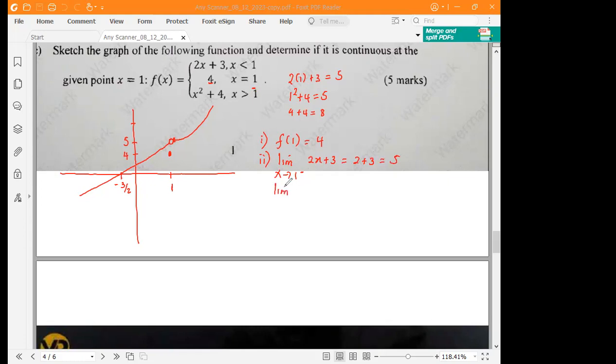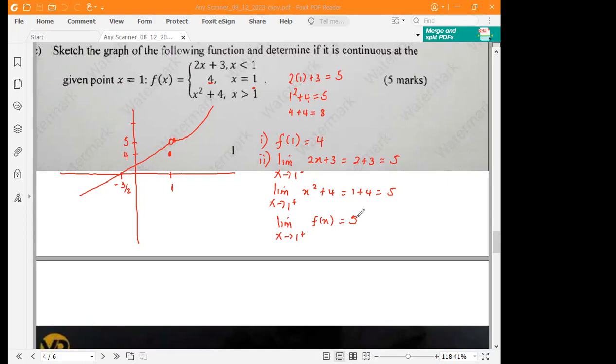Also, the limit as x goes to 1 from right: from right, we are using the down part, which is x squared plus 4. So we have 1 plus 4, which is 5. So you see, the limit as x goes to 1 plus of f of x is equal to 5.